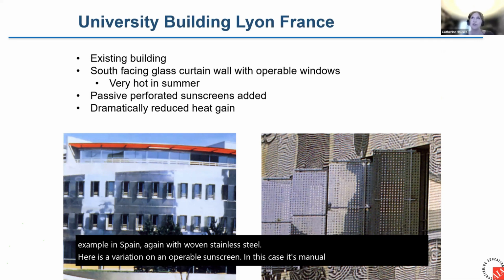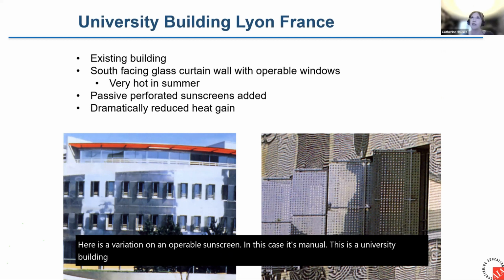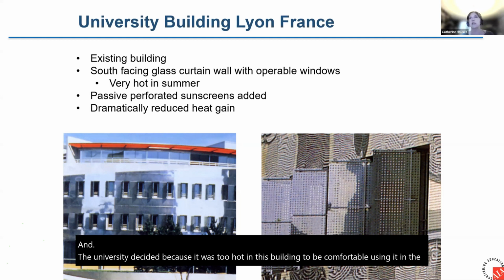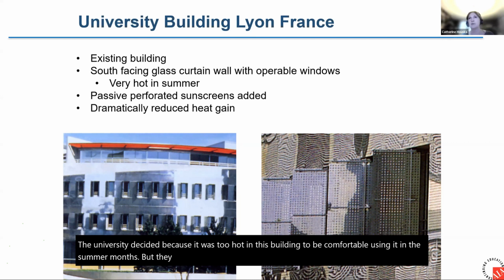This is a university building which had a large glass wall with operable windows that faced southward. No air conditioning. And the university decided, because it was too hot in this building to be comfortable using it in the summer months, that they had to add air conditioning or make other changes.